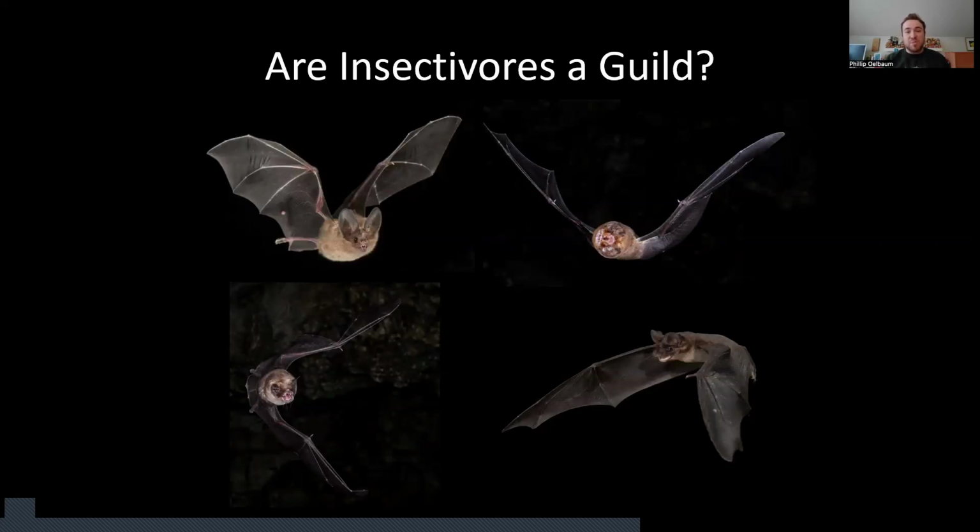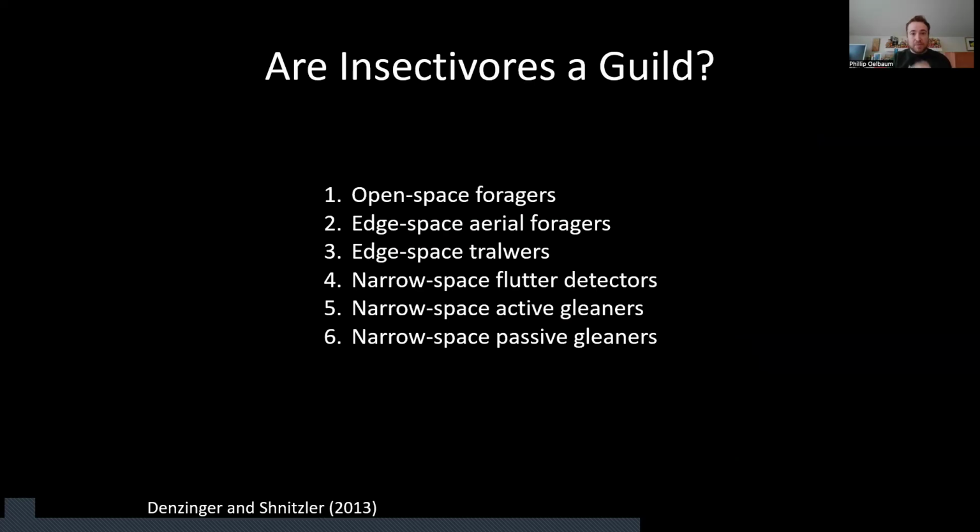When we think of an insectivorous bat, there's many different foraging modes. There's many different ways that insectivorous bats go after insects. And insects themselves are very diverse. So what are they eating broadly? If we consider diet as one of these n dimensions of the n-dimensional hypervolume Hutchinsonian niche, how do these bats partition within, say, a diverse community where there's 20 different insectivorous bats that all live together?